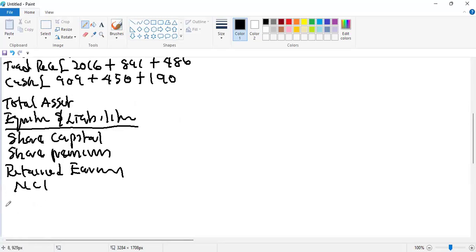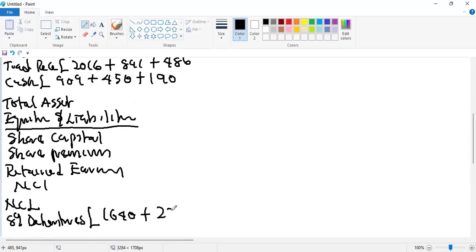Non-current liabilities. 3% debenture: 1640 plus 288 plus 333.